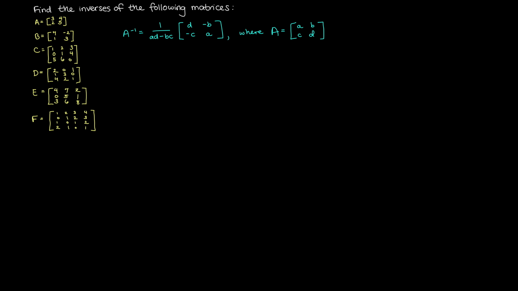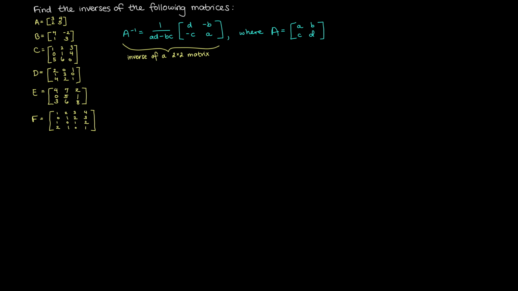We're going to take 1 and divide that by A times D minus B times C. Then we're going to place D in the top left position. We're going to place A in the bottom right position. Then we'll make B negative and we'll make C negative.